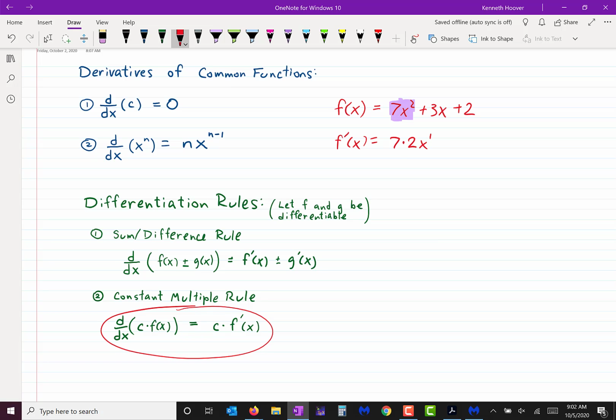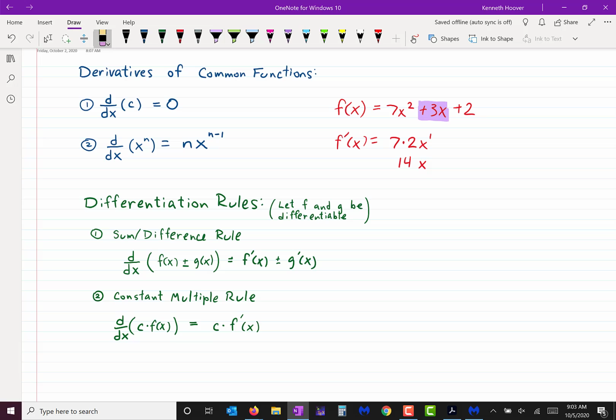And that's where I got the 14x from. Then we had plus 3x.